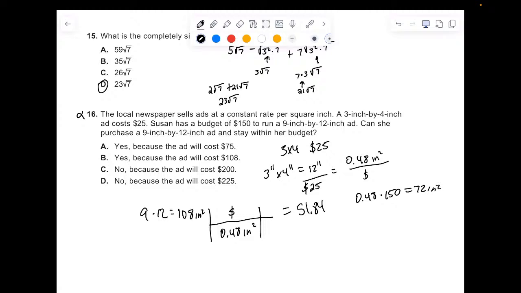And that is less than 108, so I'm saying no. Oh well.